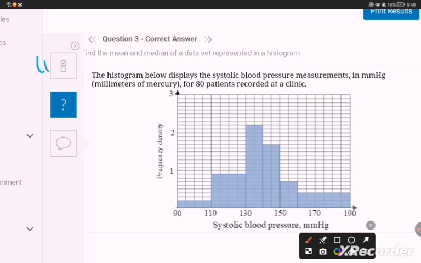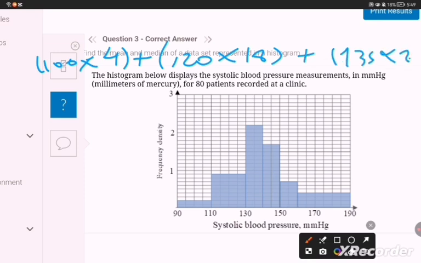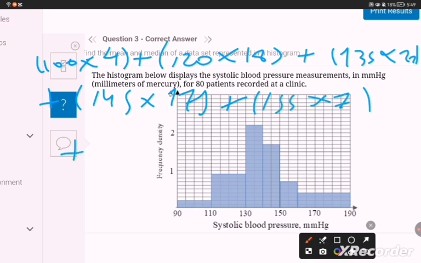So the first midpoint was 100 times frequency we found for that one was 4 plus 120 times 18 plus 135 times 22 plus 145 times 17 plus 155 times 7 and 175 times 12.